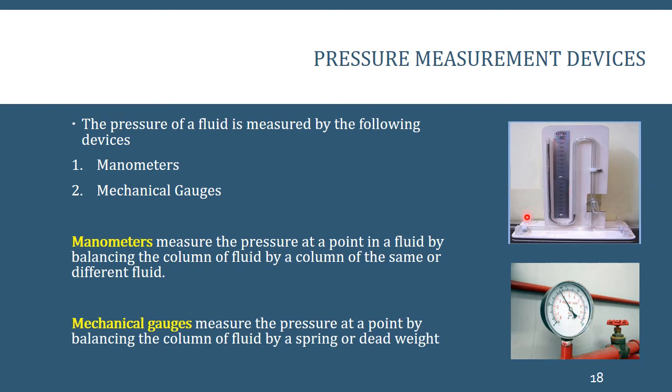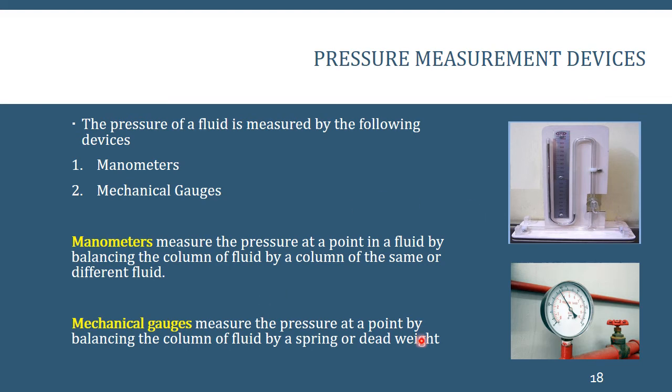Now, manometers read pressure in a fluid by balancing that fluid by a column of another fluid or the same fluid. That is, it balances the fluid on the right by another fluid on the left. That is how it is going to read the pressure.